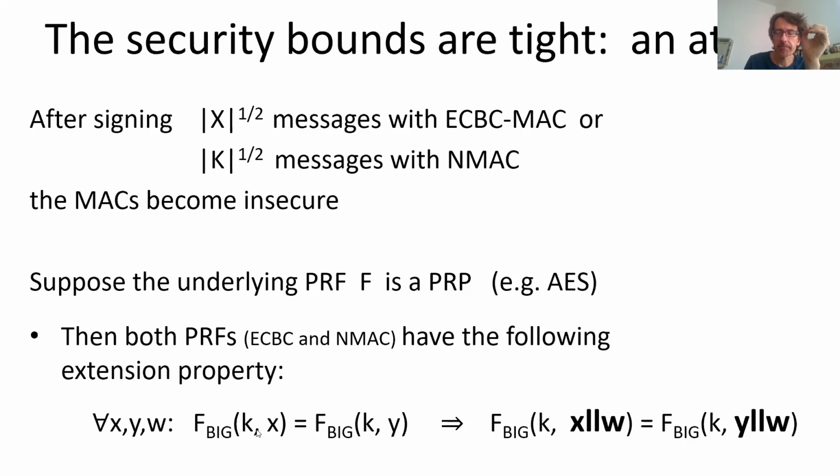The extension property is the following: if this big domain PRF, either encrypted CBC or NMAC, for any key, if you find two messages, X and Y, on which this PRF collides, so perhaps X has 5 blocks and is processed through ECBC, and perhaps Y has 15 blocks, but when it's processed through ECBC there is a collision, then there is an immediate attack on the MAC.